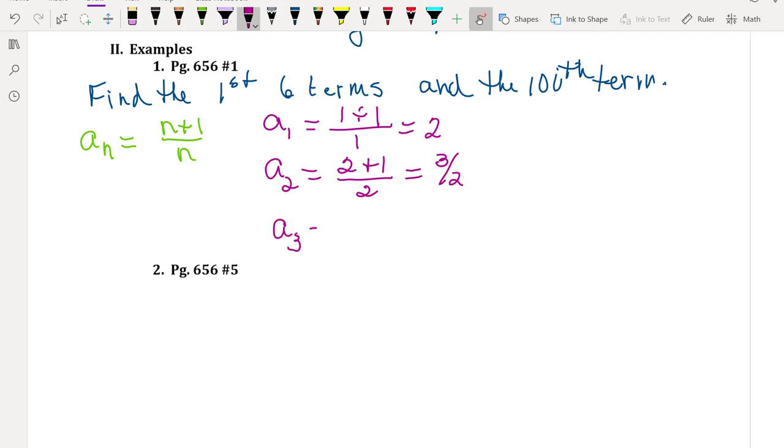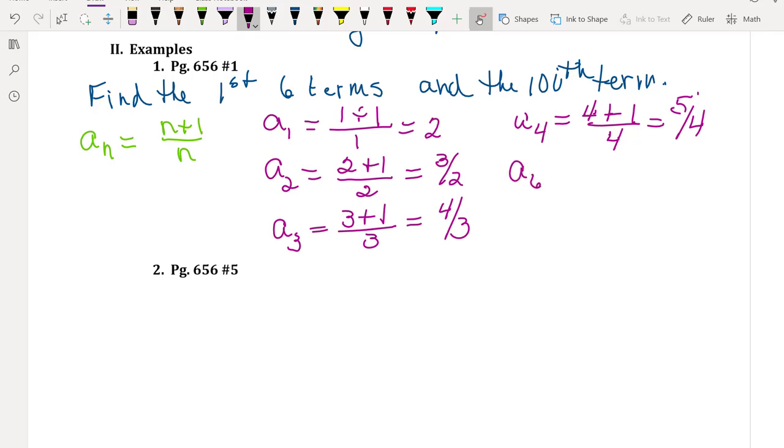A sub 3 will be 3 plus 1 over 3, which will be 4/3. A sub 4 will be 4 plus 1 over 4, which will be 5/4.